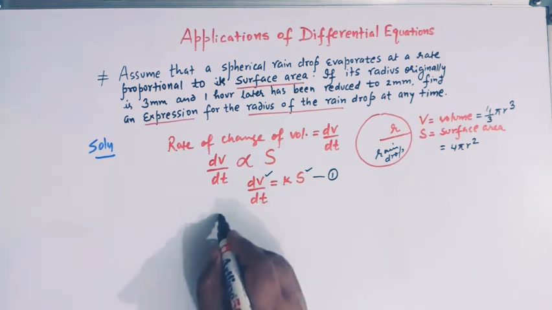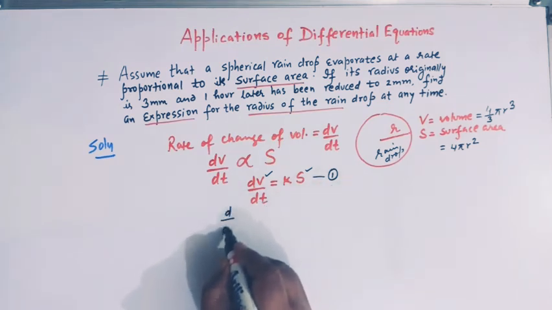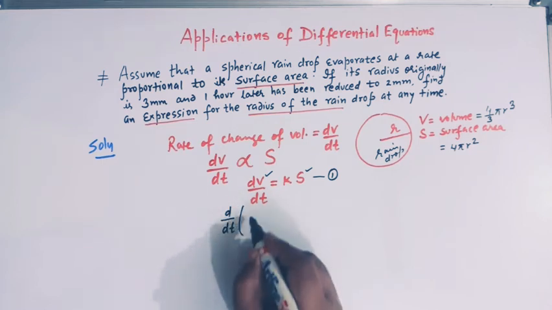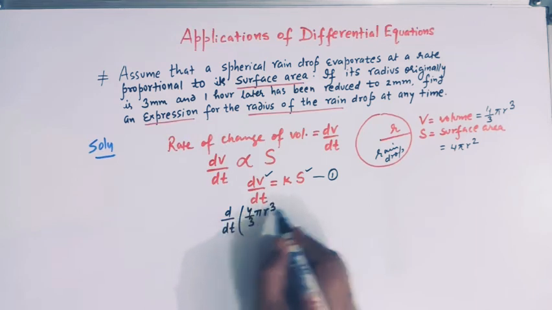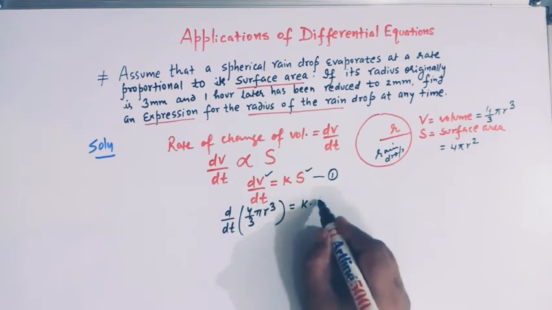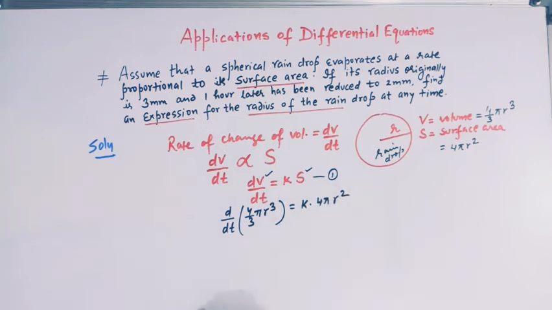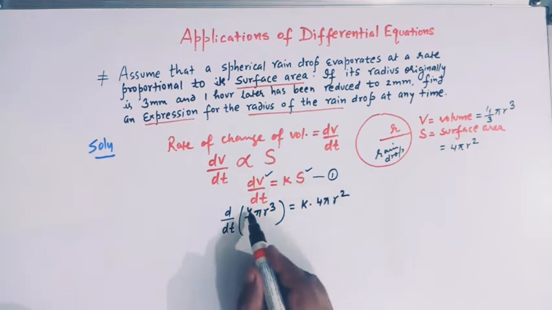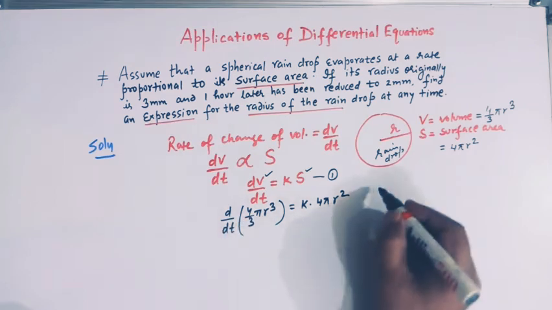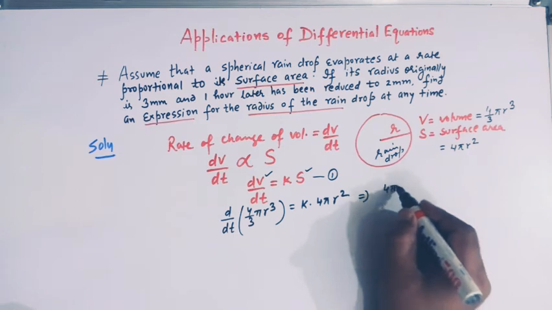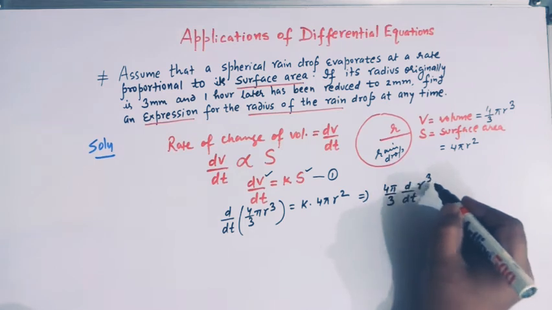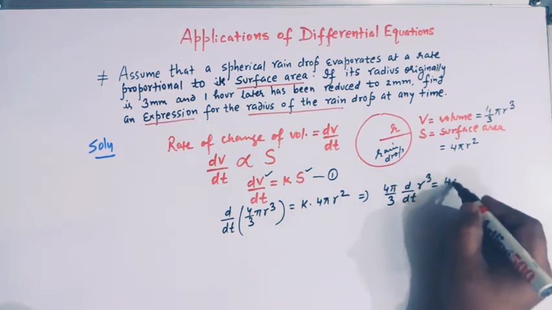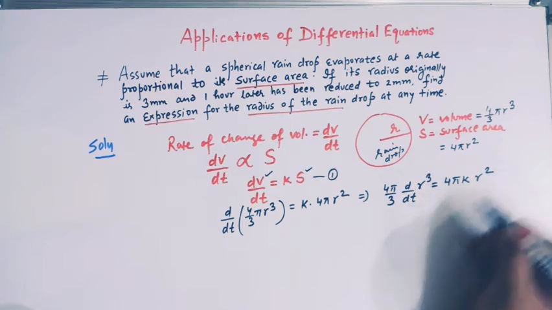We will have d by dt of 4 by 3 pi r cube equal to k times 4 pi r square. Now 4 pi over 3 is a constant, so we can write 4 pi by 3 times d by dt of r cube equal to 4 pi k r square.